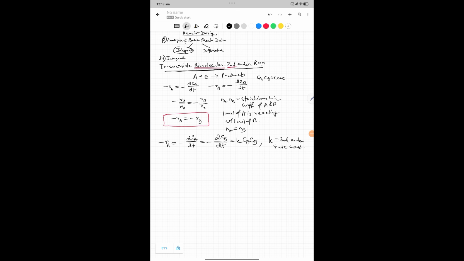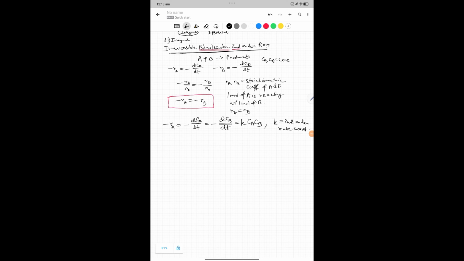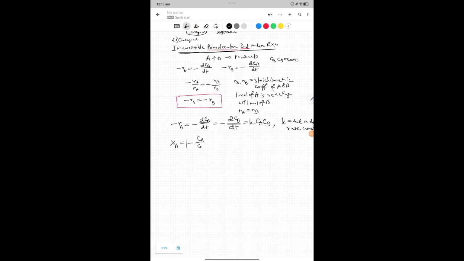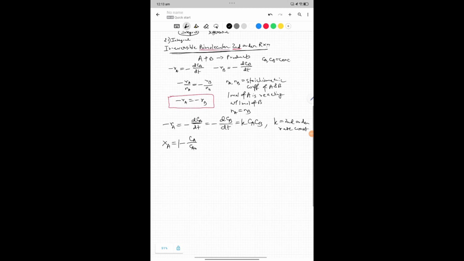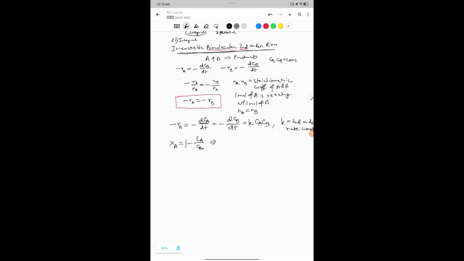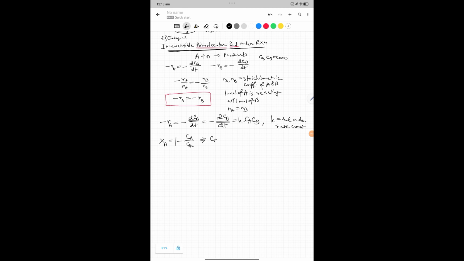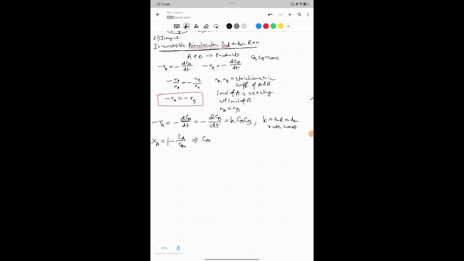Now, if you remember, in my previous lecture I showed you the fractional conversion. XA is written as 1 minus CA by CA0. From here I can write CA0 minus CA is CA0 times XA.